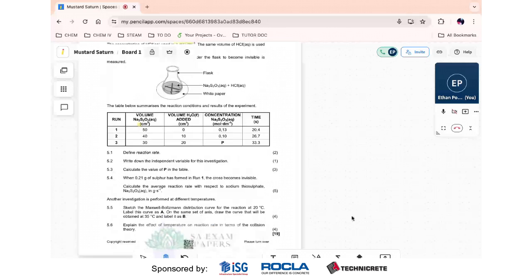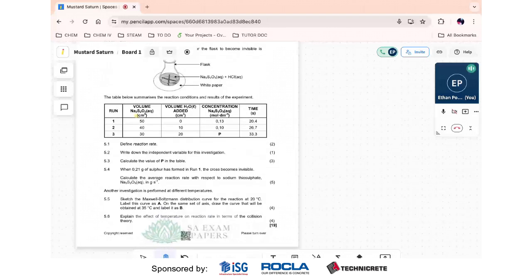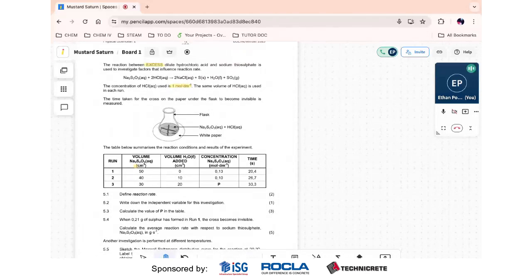So moving on to question 2, write down the independent variable for this investigation. Well, as we just said, we are fixing HCl. HCl is fixed, and we vary sodium thiosulfate. So the independent variable is the concentration of sodium thiosulfate.